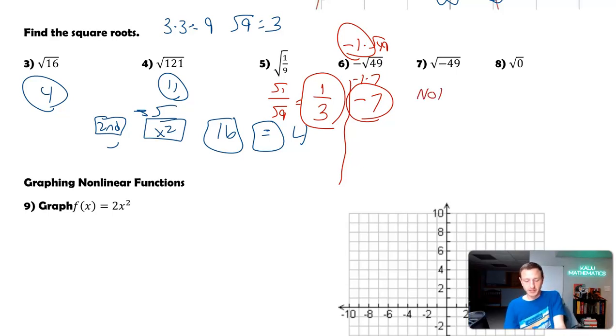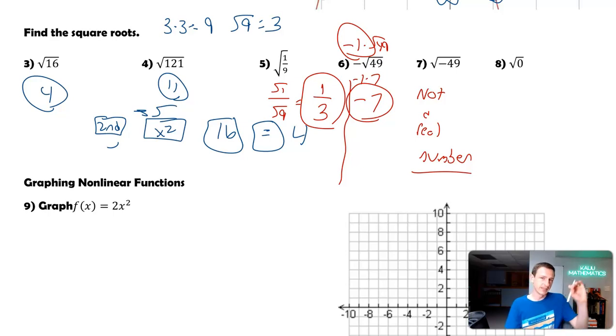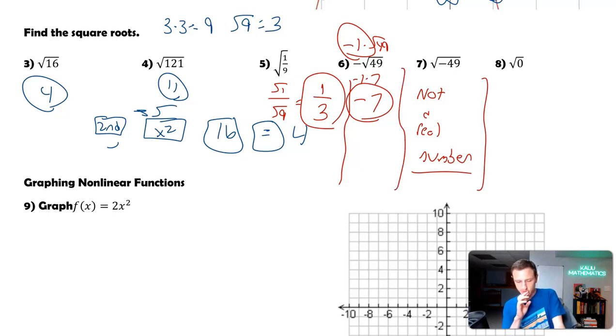So in this case, it's not a real number. It's getting into the non-real number system, which is for later on, but for right now, square root of -49 is not a real number. And then the square root of 0, 0 times 0, as I already mentioned, is 0.